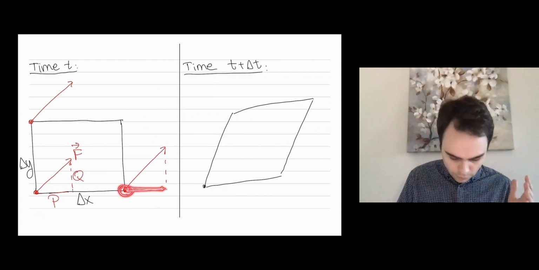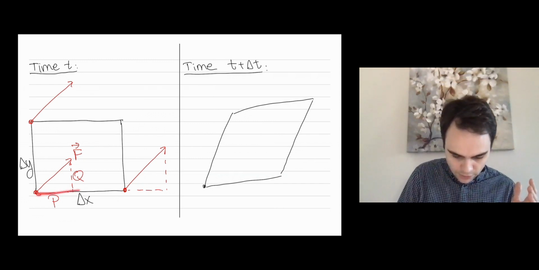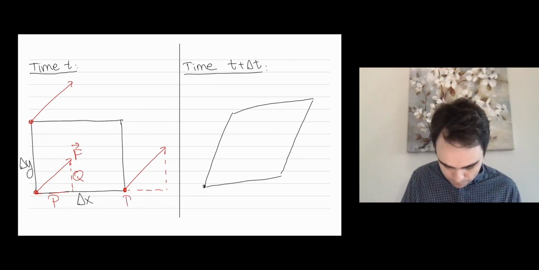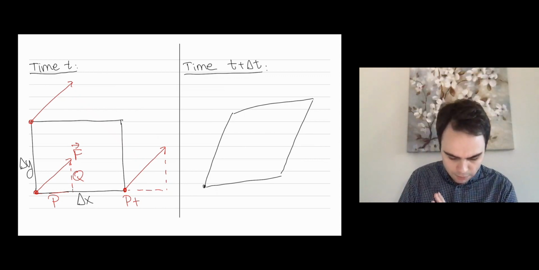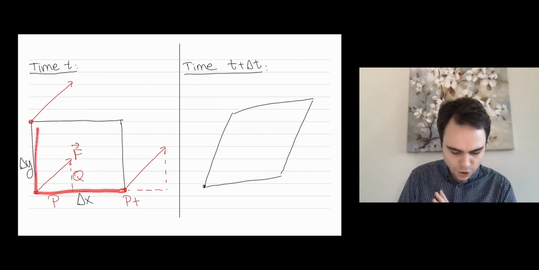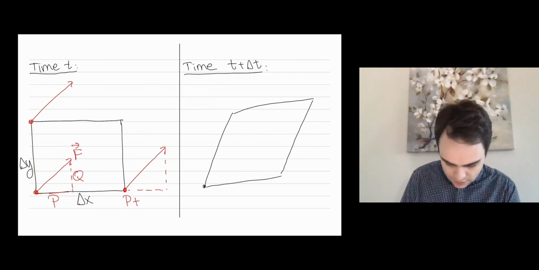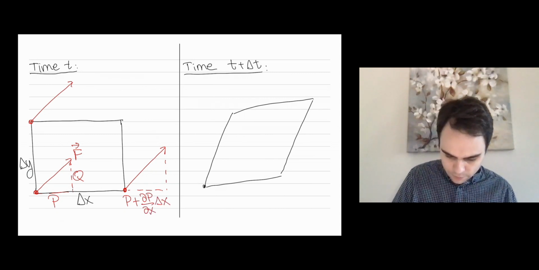The velocity at this point is approximately the velocity at the left corner plus a change that comes about because I increased x by delta x, but I didn't change y. I can compute this as dp dx multiplied by delta x.